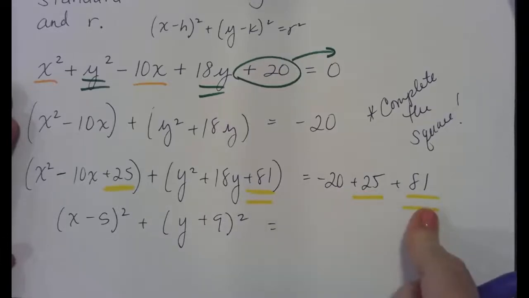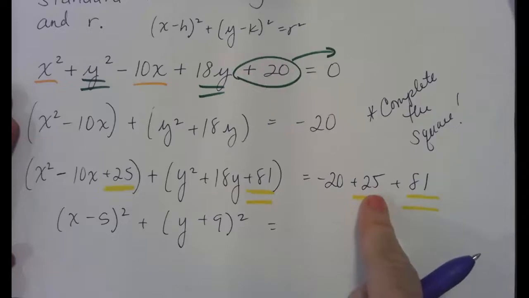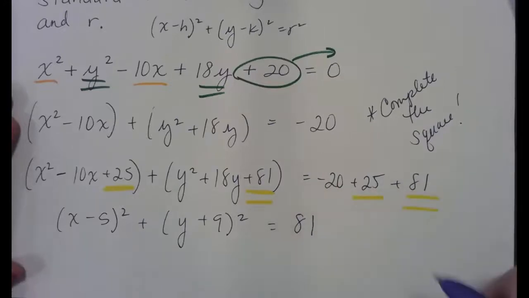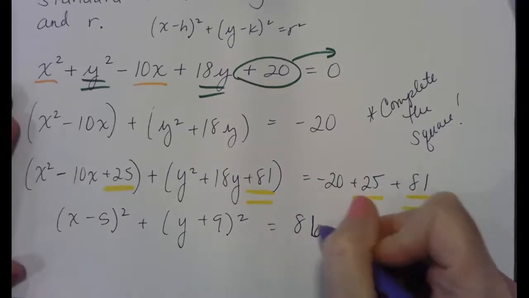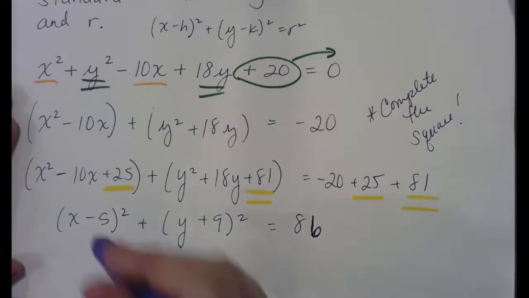And then on the right-hand side, we've got negative 20 plus 25, which is 5, and 5 plus 81 is 86. Whoops, I said 81 plus, there we go. It's a terrible looking 6, but that's okay. So we have our standard form.